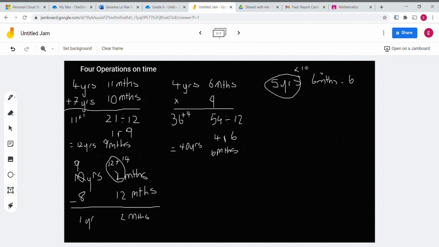So you're multiplying by 12 because it's 12 months that makes a year. So it's going to be 12 times 5, which is actually 60. So that's 60 months. We already had months that we were working with, so we have to add that to our total. So now it's become 66 months that we have in total.